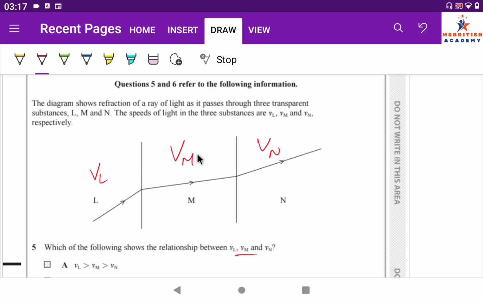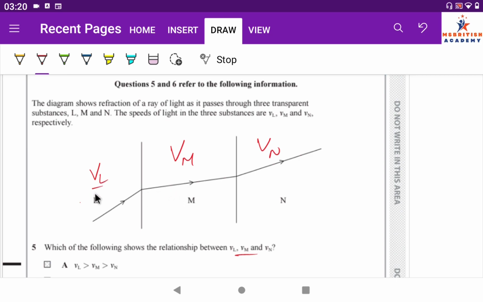In the first case, the light is bending towards the normal, so this medium is rarer and this medium is denser. When light moves from rarer to denser, it bends towards the normal.